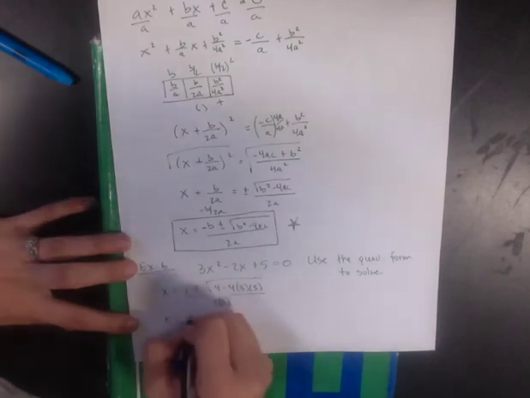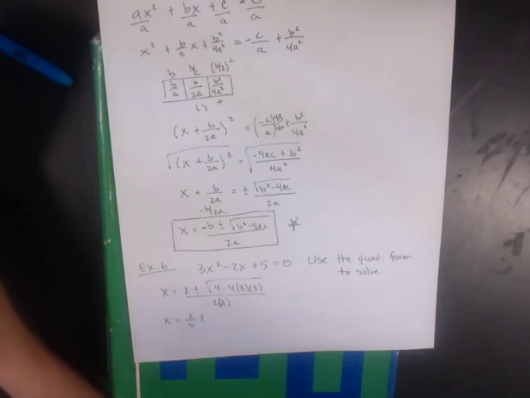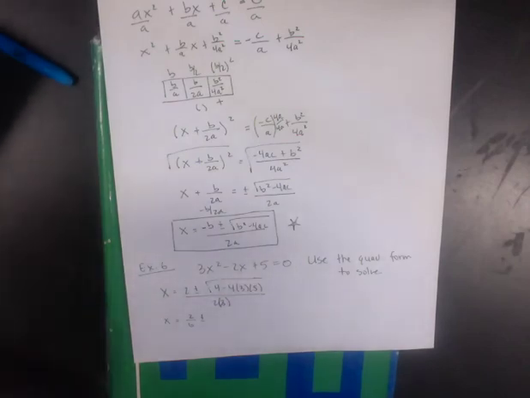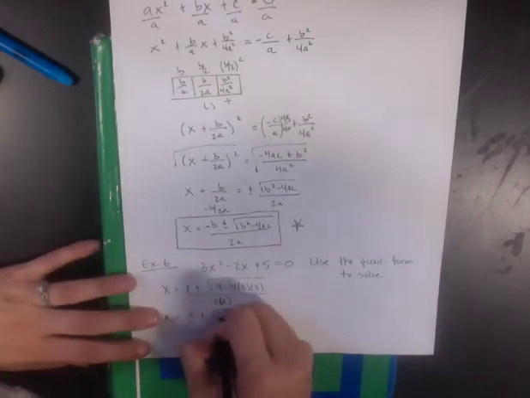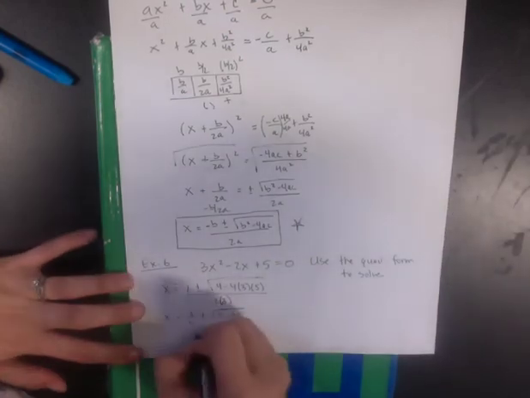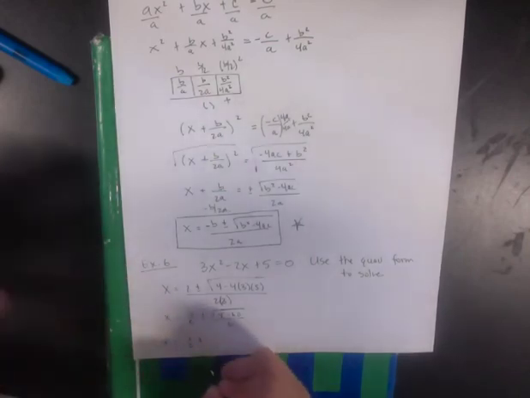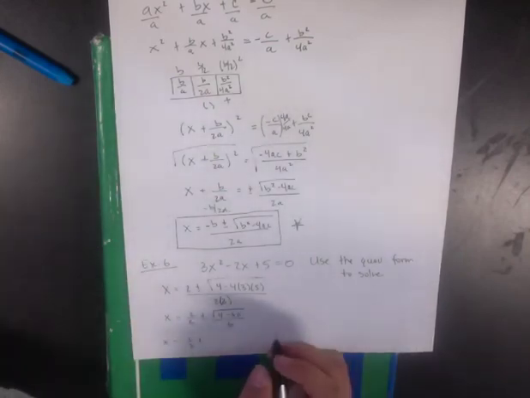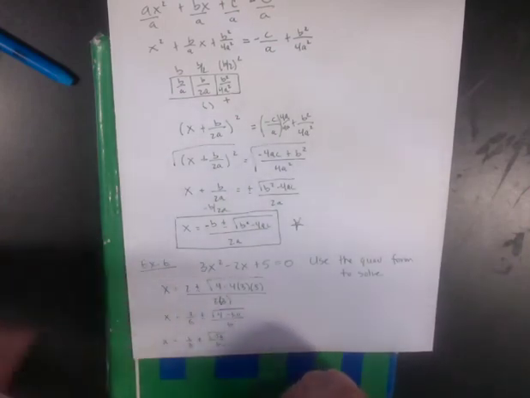So I get x is 2 over 6 plus or minus. We will have 4 times 3 times 5, the square root of 4 minus 60 all over 6. Then I will have x equals 1/3 plus or minus 4 minus 60 gives me the square root of negative 56 over 6.